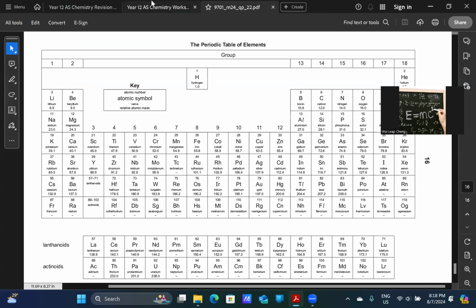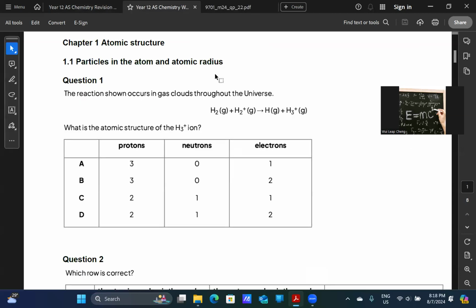So each hydrogen has 1 proton, but this ion contains 3 hydrogen atoms. Am I right? This ion has 3 hydrogen. So the overall number of protons is 3.